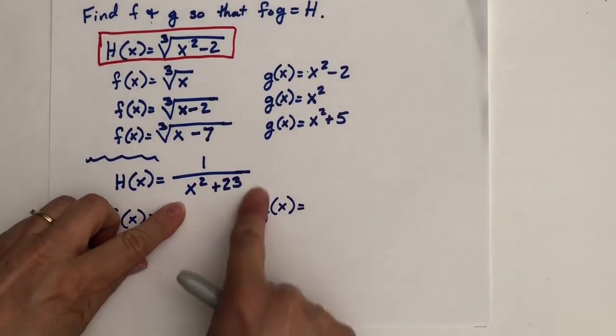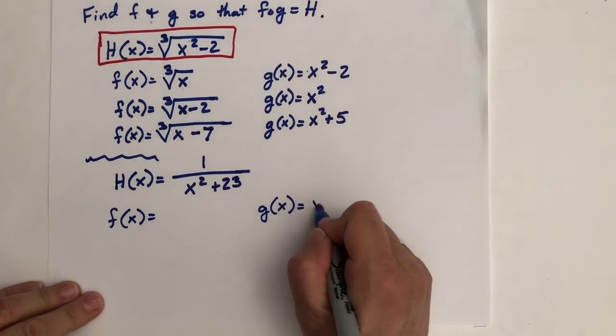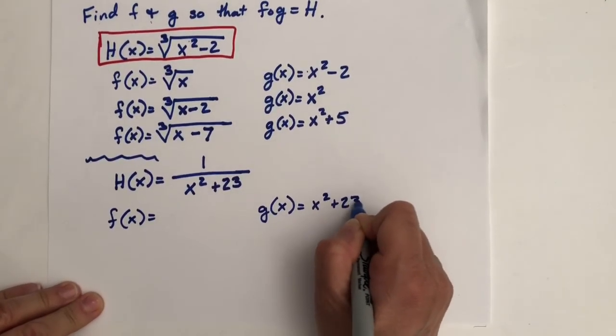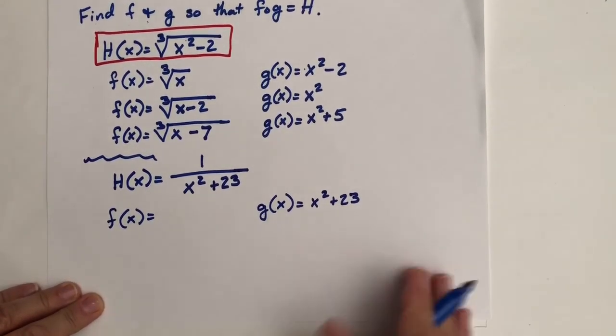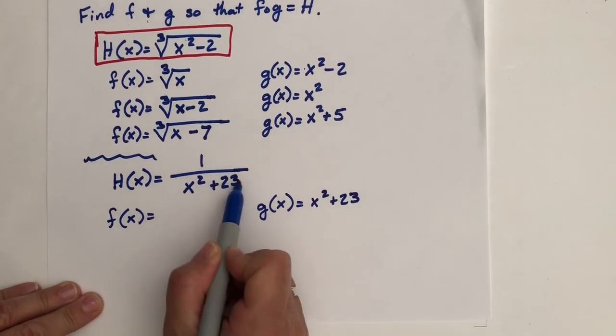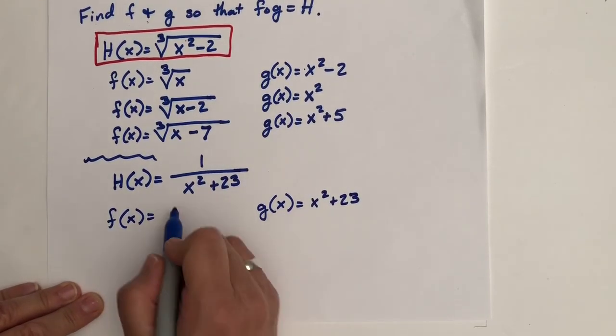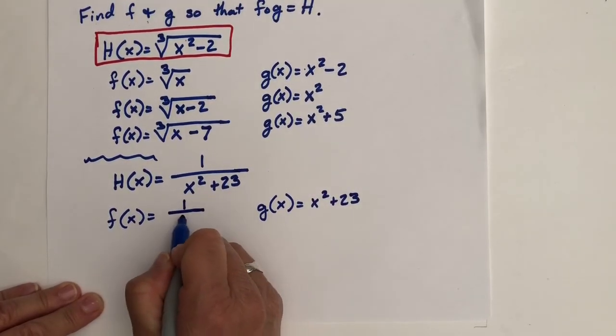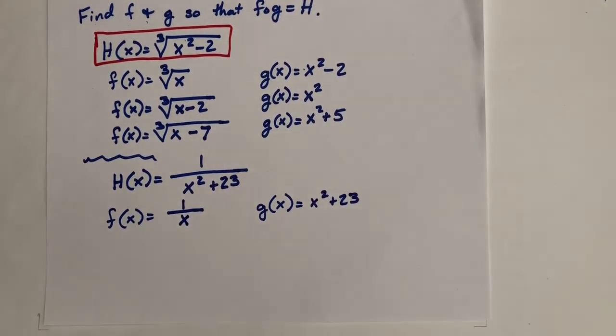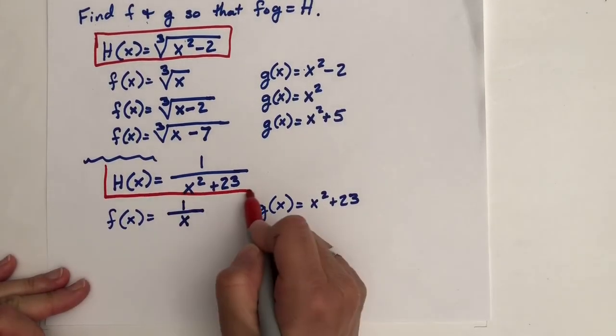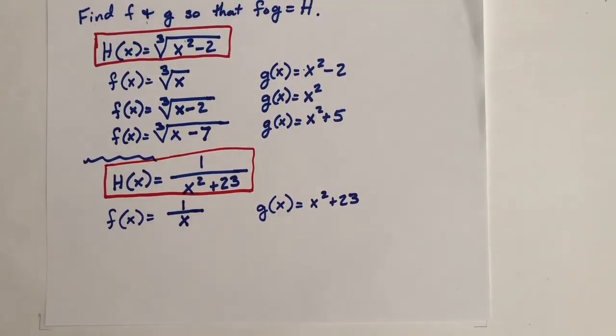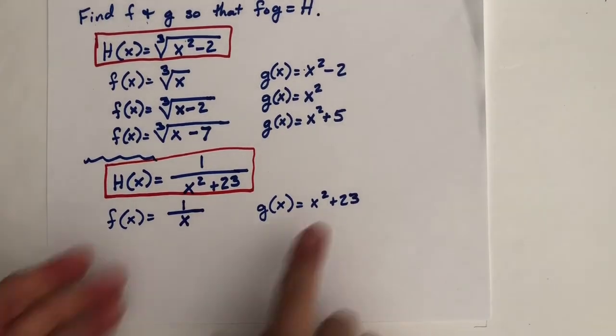This x squared plus 23 could be substituted into 1 over, and it's going to be put into the denominator. So we want the denominator to be just 1 over x. If somebody were asking me to decompose this particular function in the way that would be most useful, I would probably present it this way.